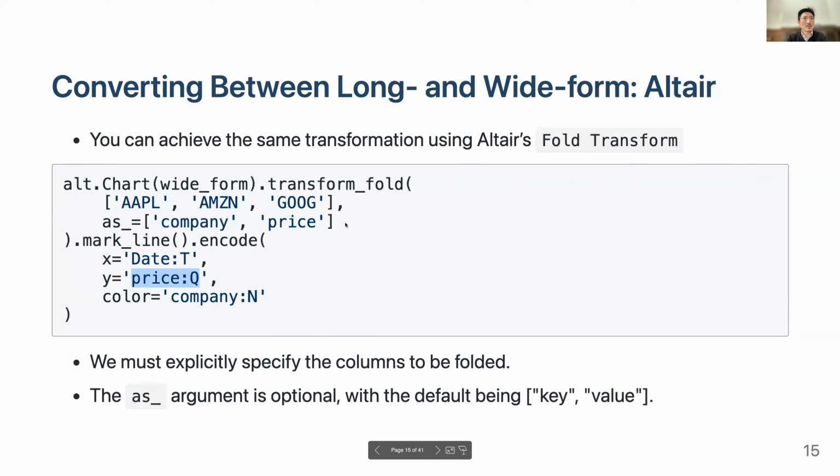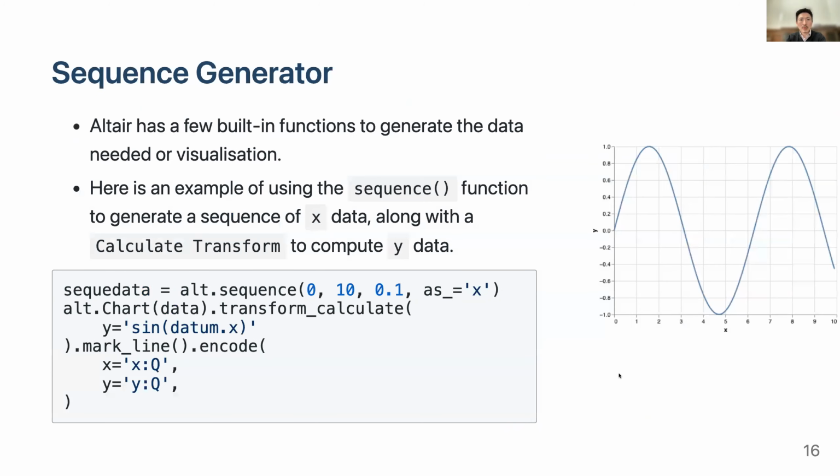And you have the price, which is the one you set here, and the color is company, which is what you set here. Okay, you can use either of these in your work.